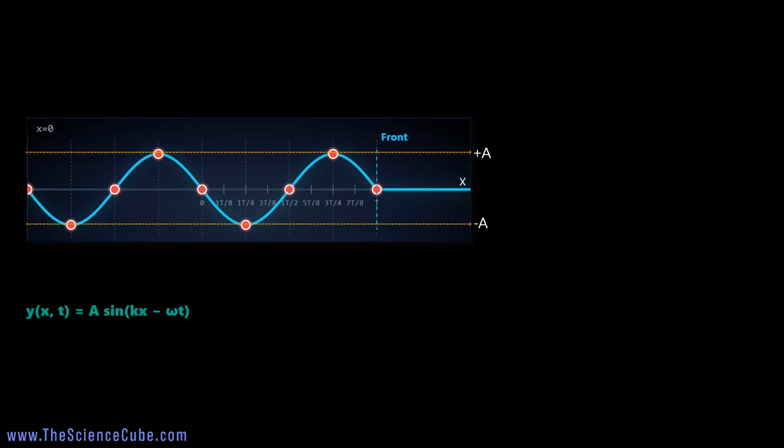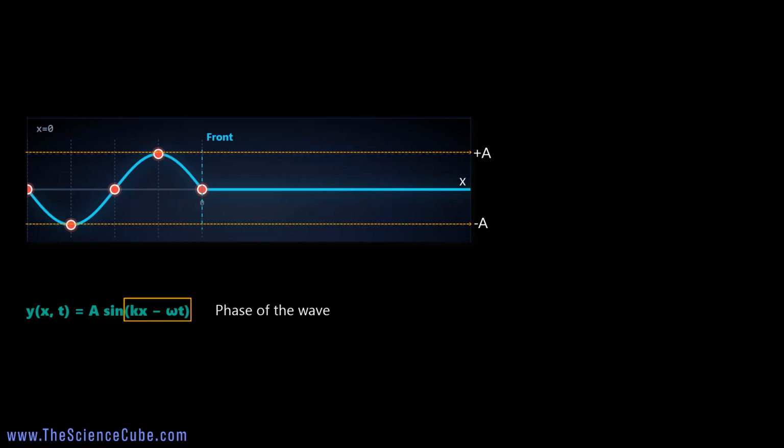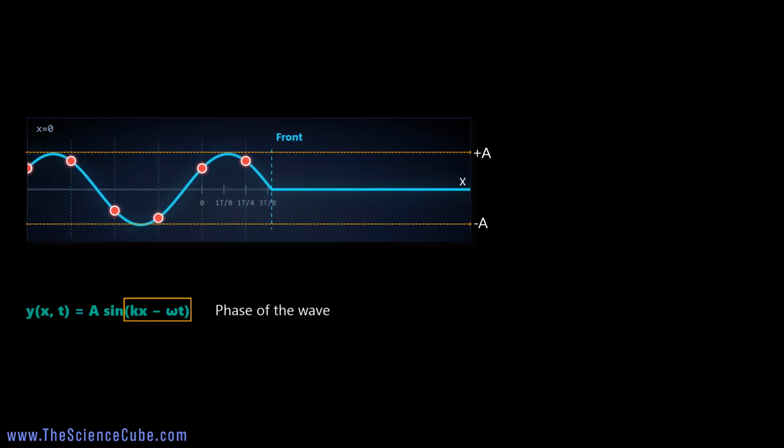Next, let's look at the argument inside the sine function. The term kx - ωt is what we call the phase of the wave. So as the wave sweeps through a string element at a particular position x, the phase changes linearly with time t, because you can see t appears in this expression.